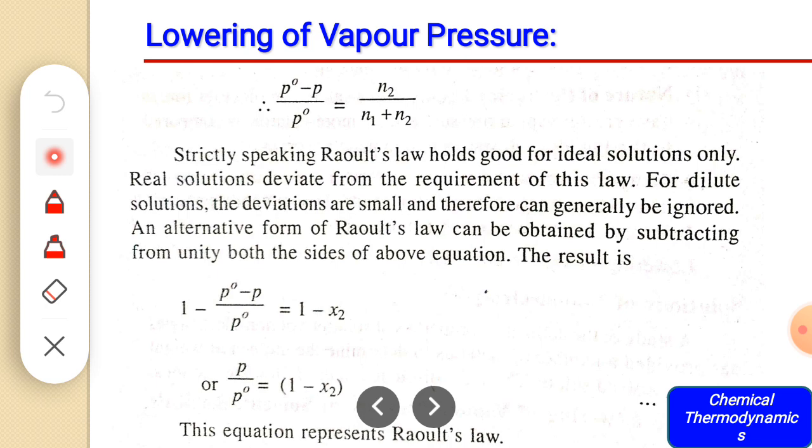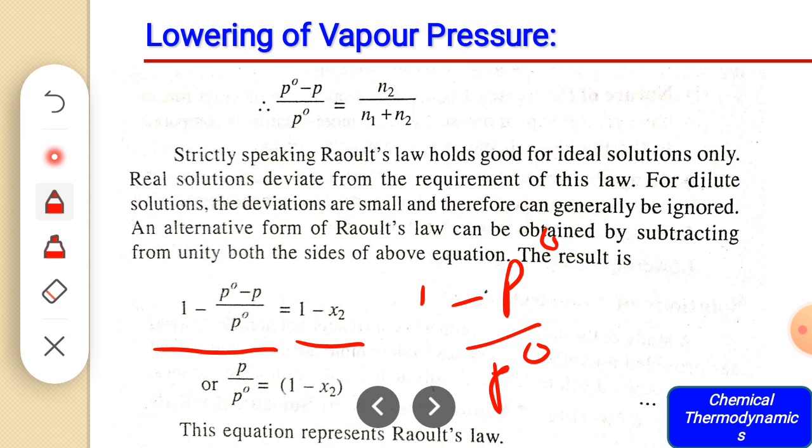That's why an alternative form of Raoult's law can be obtained by subtracting from 1 on both sides, that is 1 minus this side and 1 minus x2. So by solving this, we get 1 minus P0 divided by P0 minus P upon P0. Here 1 minus 1 cancels, and the minus minus becomes plus, so this is equal to 1 minus x2.